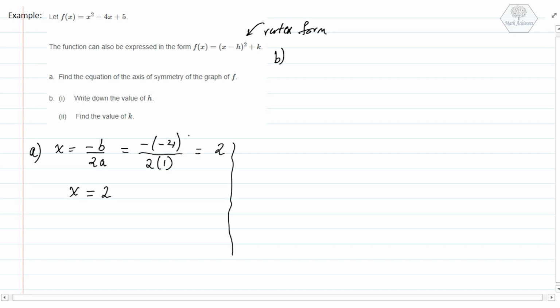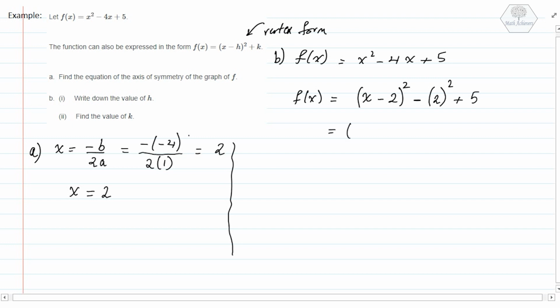Part B, we need to write down the value of h and the value of k. So we need to take this function and simply do completing square method. So it becomes f of x is equal to x, and we divide the minus 4 over 2, so it becomes minus 2, all of it squared, and we take the minus outside, and with the 2 we square it, and we take the plus 5 as it is.